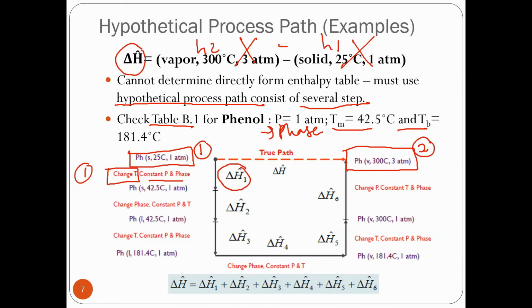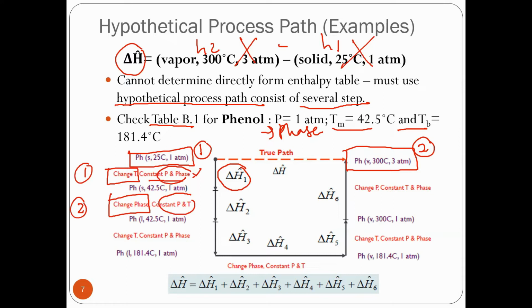So here they change 25 degrees Celsius until 42.5 because it will reach the melting point, because this is from solid to liquid. So first is a change of temperature. Next, they're going to have a change in phase, from solid to liquid, but the others are going to be constant.